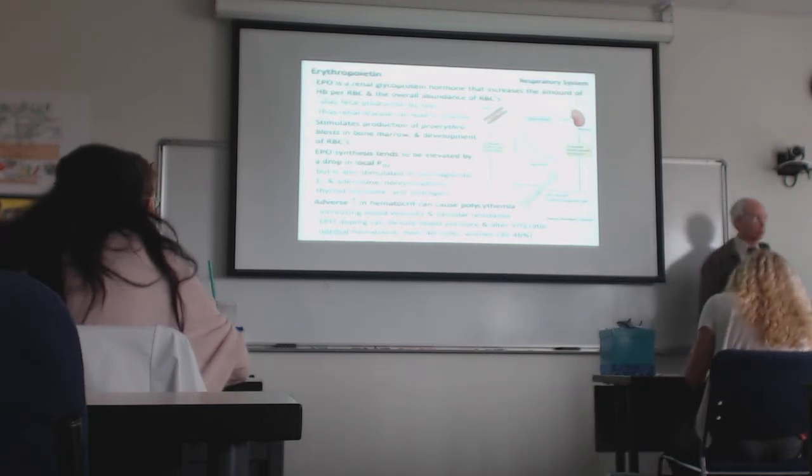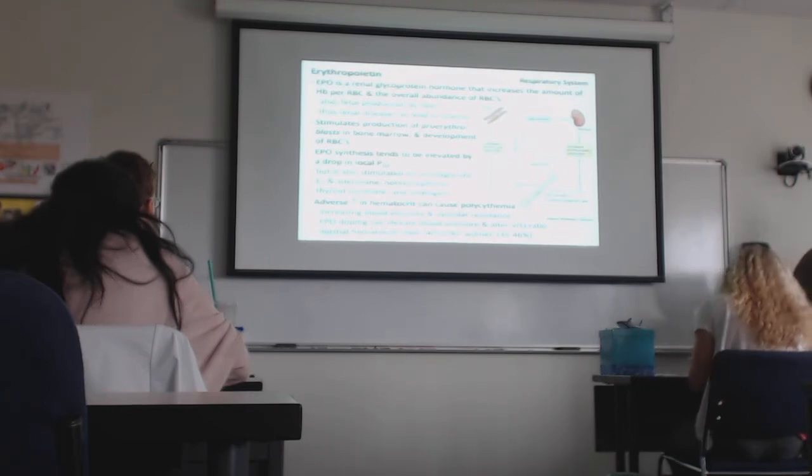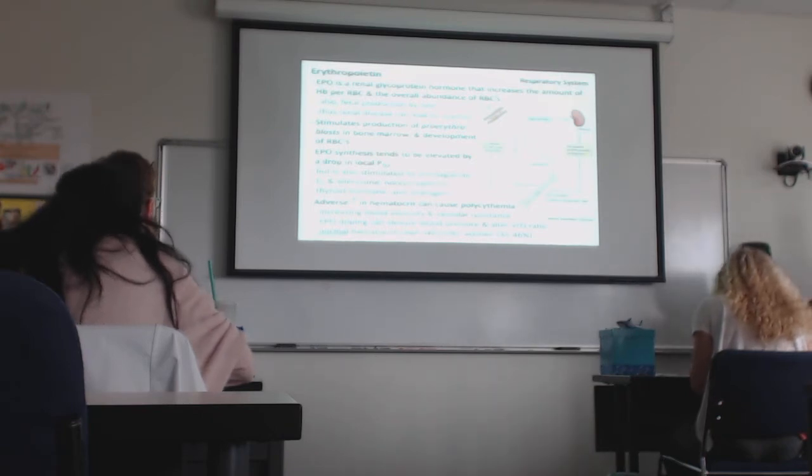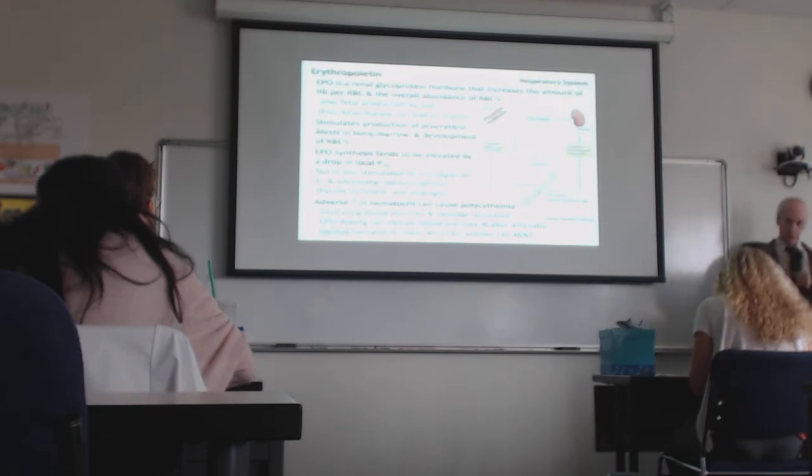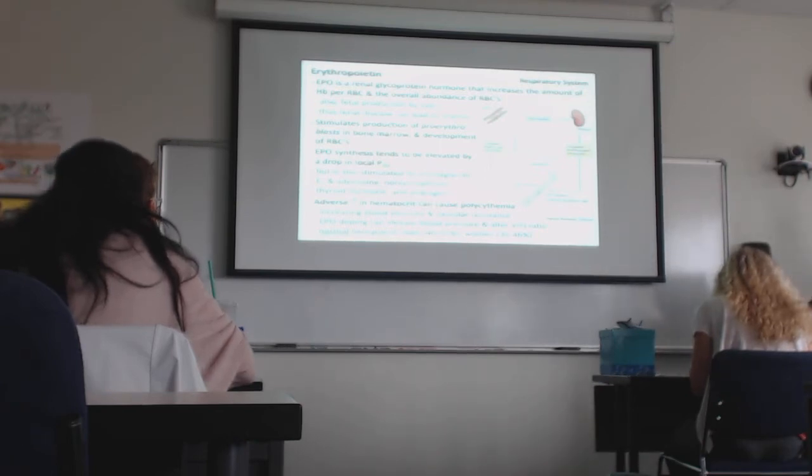It increases the number of red blood cells, the relative abundance of red blood cells, basically enhancing the hematocrit. And it also increases the concentration of hemoglobin in the blood. Once again, the net effect of both processes is to significantly enhance the ability of the blood to transport oxygen.